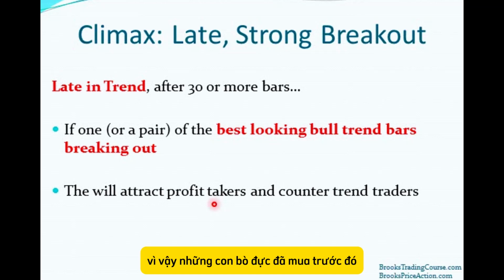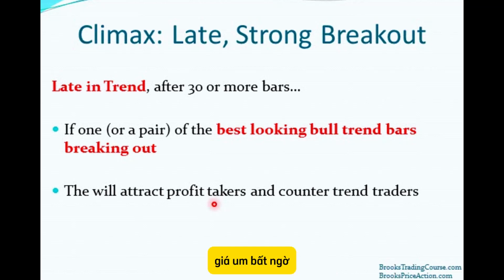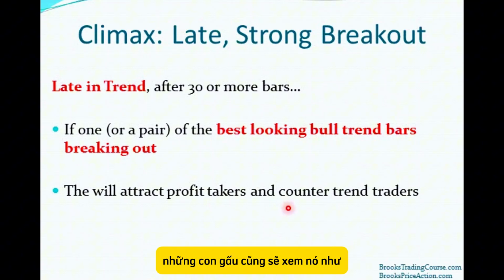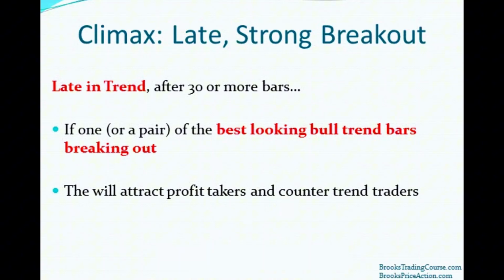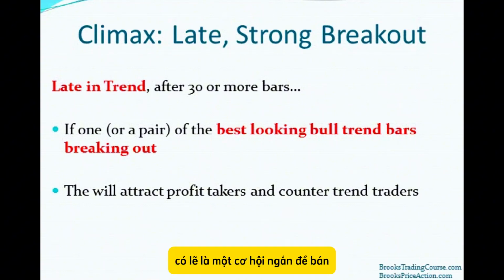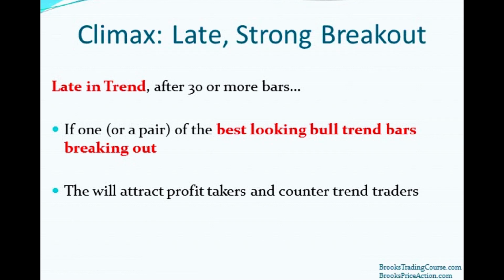So the bulls who bought earlier will see this as a windfall, a wonderful opportunity to take profits at a great surprise price. The bears will also see it as probably a brief opportunity to sell at an exceptionally high price. So you might have both the bulls and bears selling, and that could be the end of the trend.